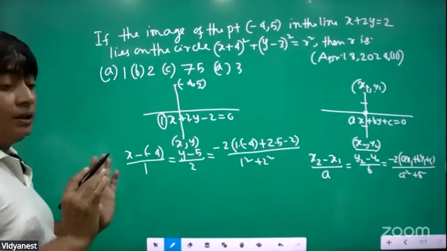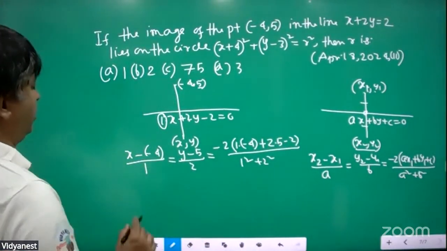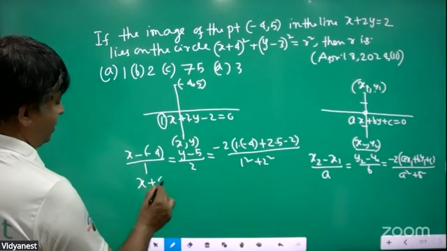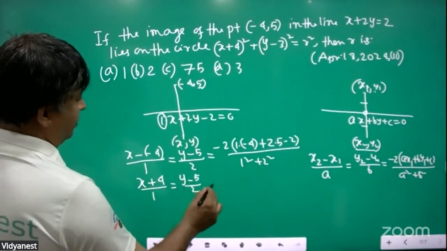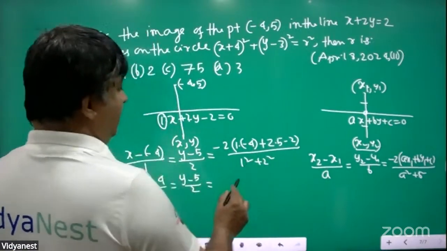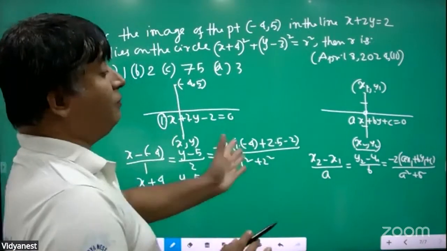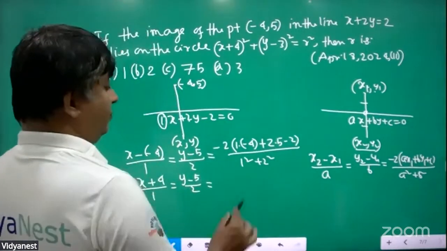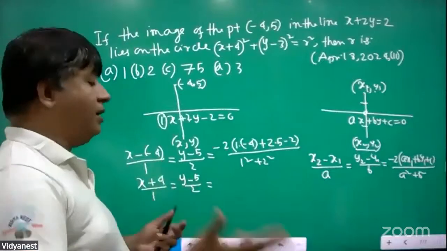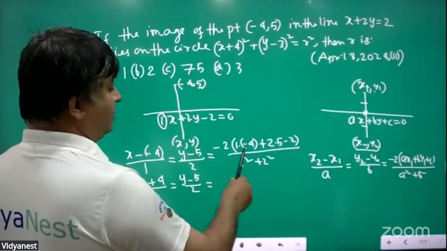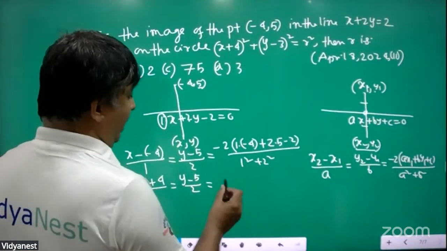Now carefully calculation to be done. (x plus 4) by 1, (y minus 5) by 2. You also observe if I do any mistake in calculation, because mistake can take place by anyone. 10 minus 6, 4, 8, 8 by 5.